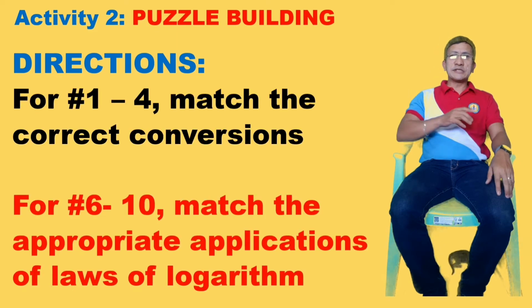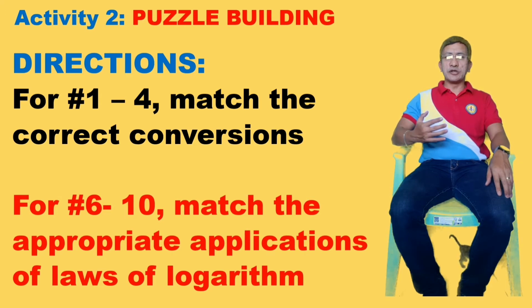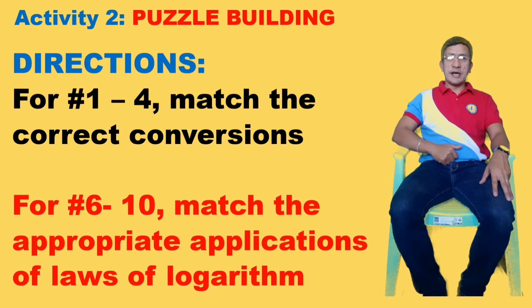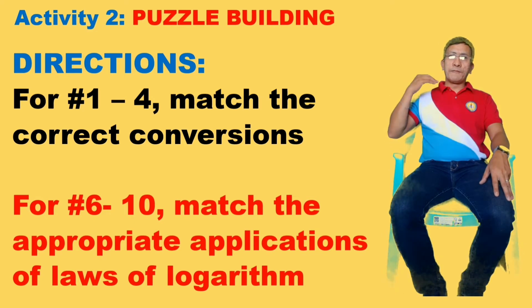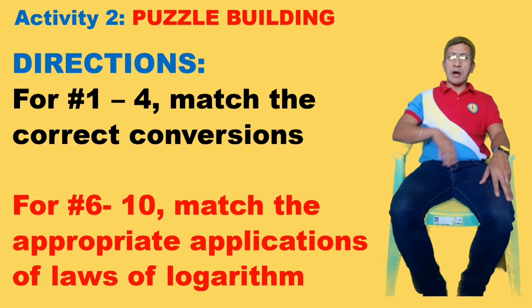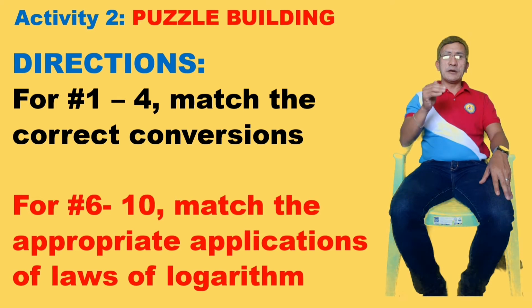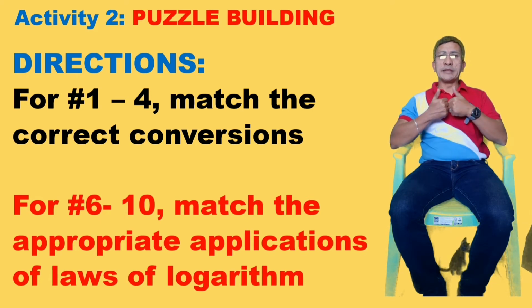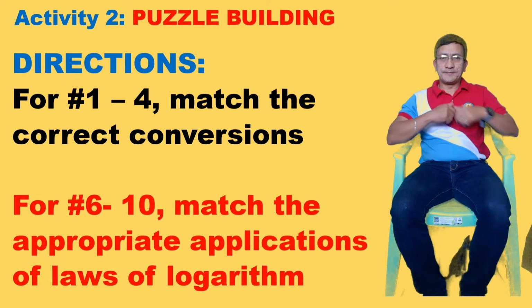For items number 6 to number 10, we will match the appropriate applications of laws of logarithm like what I just discussed recently on this video. To further instruct you how you will make the puzzle, continue watching the video as I illustrate to you how you will build up the puzzle.